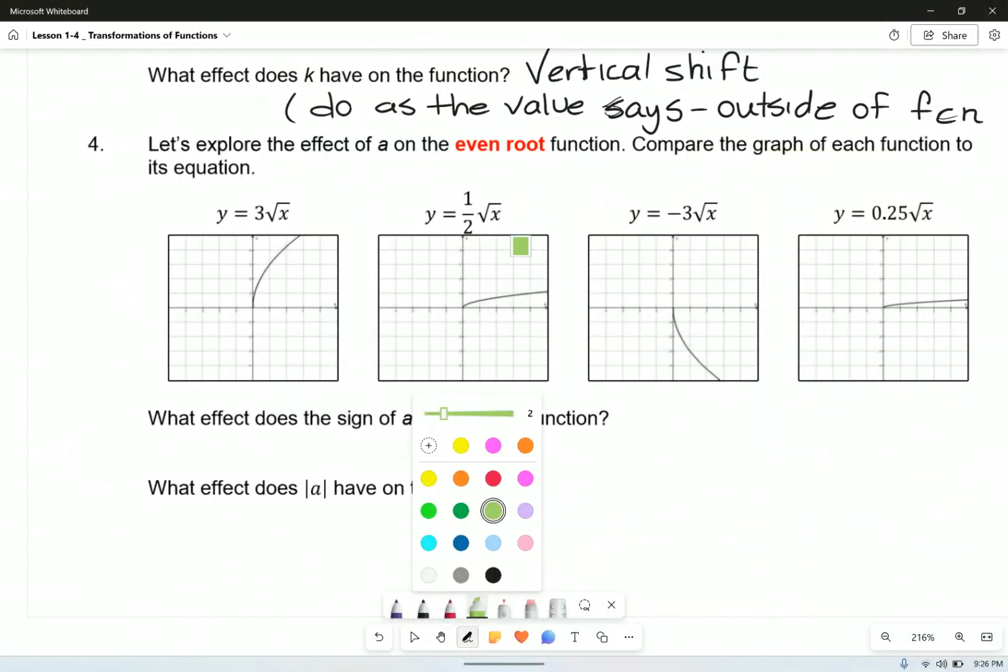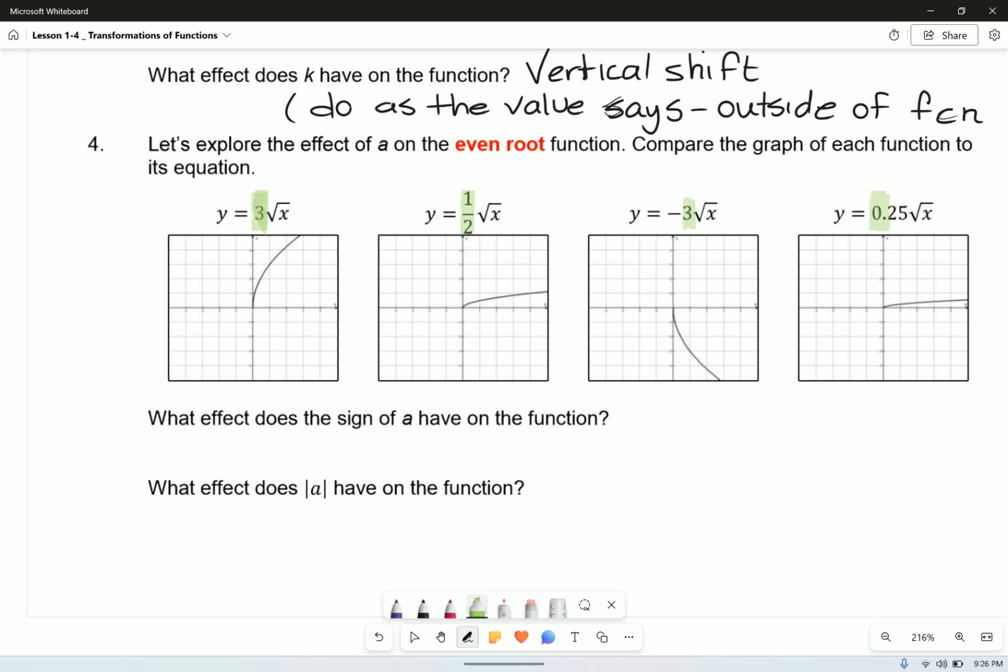So notice that this coefficient is a number other than 1. And you only look at the number. Do not take the sign, because the sign in front of that 3 has to do with reflection. And so this value A is there.